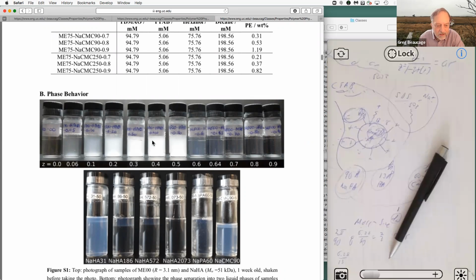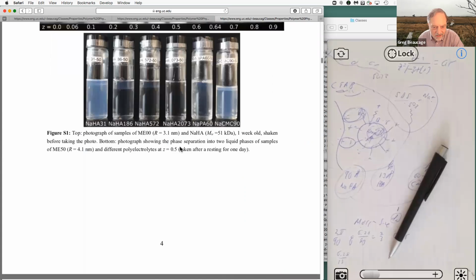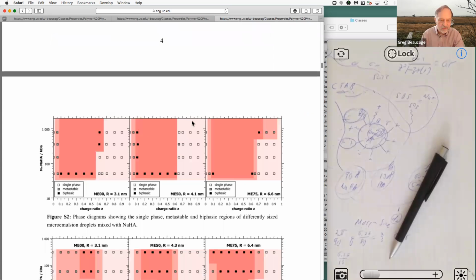Anyway, so when he gets above 0.7 for the C, so 70% anion and 30% cation groups, then he gets clear. And that's true for every system that he has. All right, so every time he gets to 0.7, it's single phase, that's these open squares. And then he gets this kind of biphasic, meaning cloudy, macroscopically biphasic region. And at the low end, we have no polyelectrolyte, then it's just soap and oil and water.